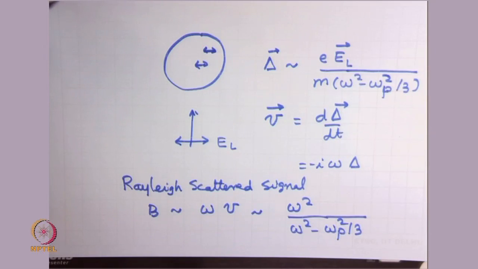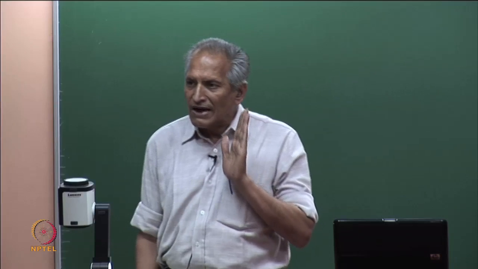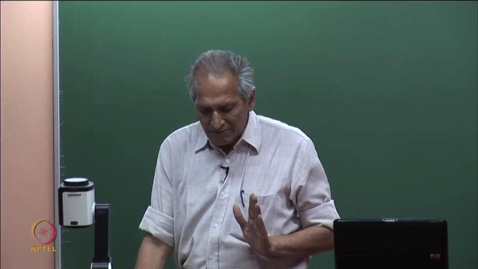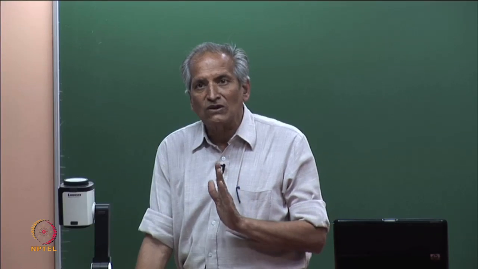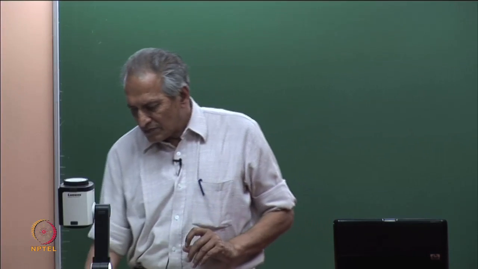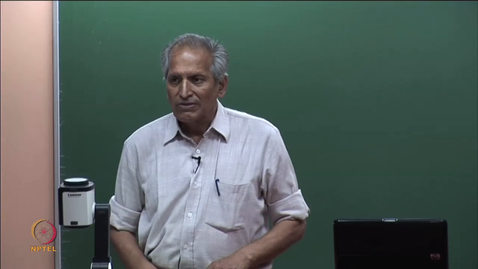When the cluster expands, omega p decreases. Even if initially omega was too small compared to omega p square by 3, as the cluster expands, a situation will arise when omega becomes comparable to omega p square by 3. At that instant, a sudden enhancement in Rayleigh scattering takes place. That is what has been observed, and I think it is a very fantastic observation.